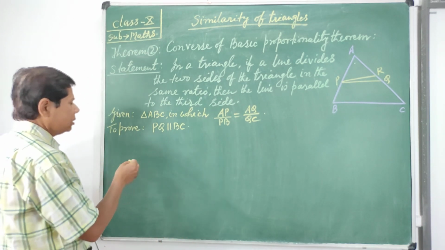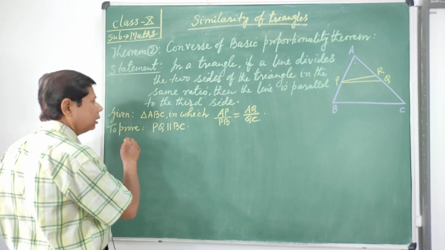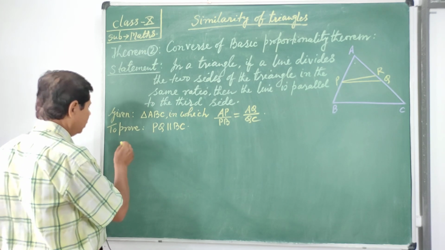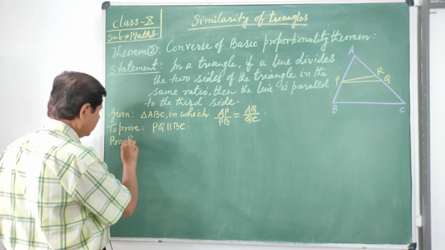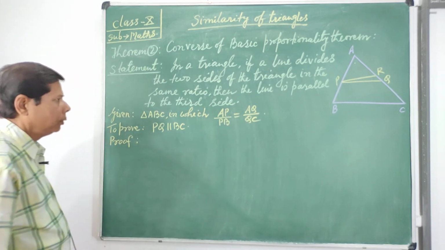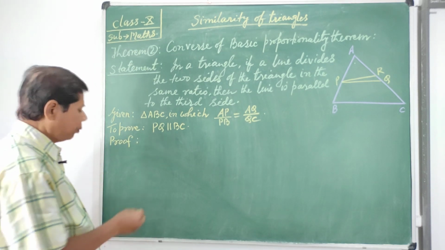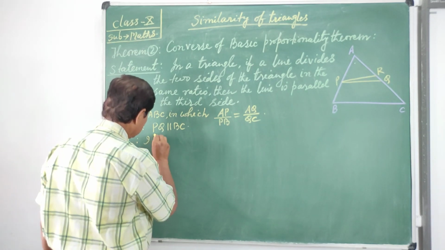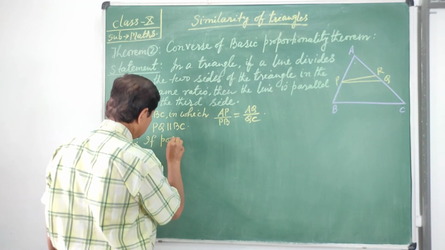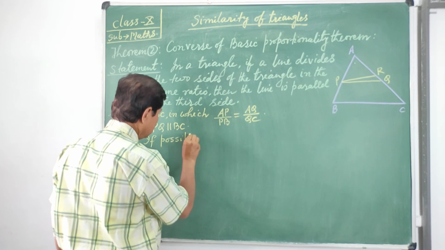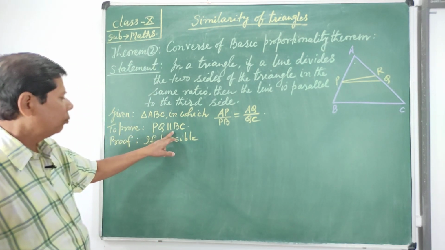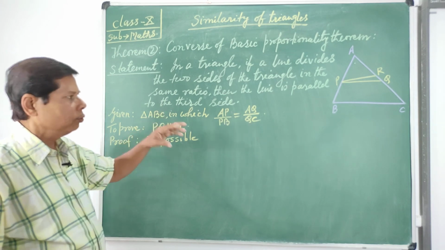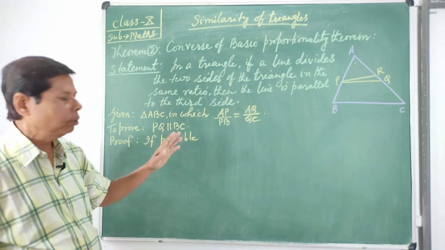Now the construction we will write in the proof section. So write proof. Because we have to prove that PQ is parallel to BC, if you take PQ as parallel to BC, then nothing is to prove.